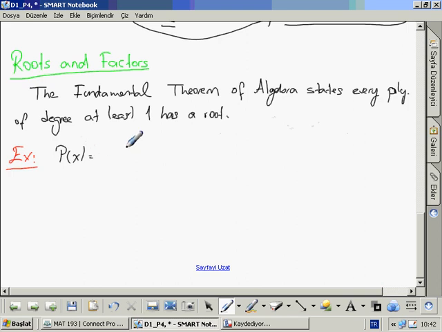p of x polynomial equals 3x minus 6, so its degree is 1, so root x equals 6 over 3, it equals 2.